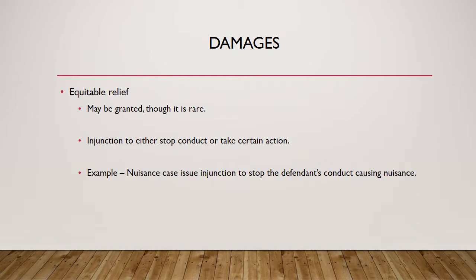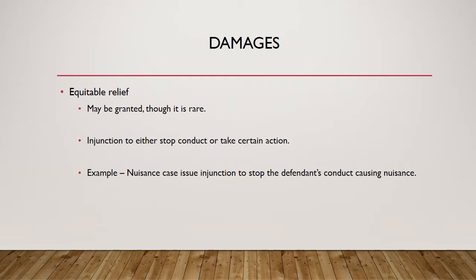So an example is, you talk about nuisance as an intentional tort. If you have a nuisance, and I think the example we used was where I had done some improvements to the drainage of my property, and it was causing water to flow across my property and flood my neighbor's backyard.